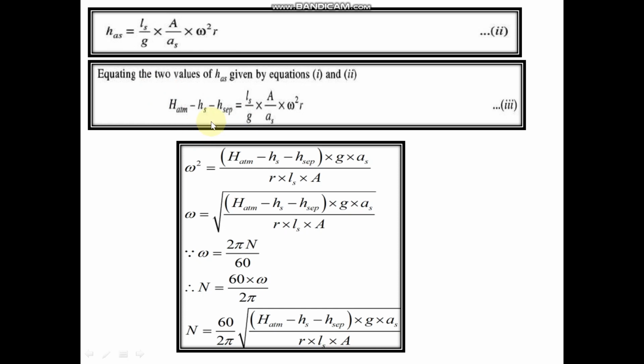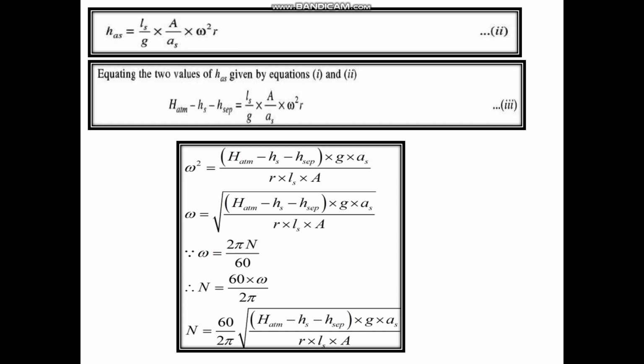So from equation 1 and 2, we can equate these equations. From this equation, we can find out the rotational speed of the pump, that is omega. So omega is equal to this value. From mathematical simplifications, we can get the rotational speed in radians per second. We know that omega is 2 pi N upon 60, where N is the rotational speed of the pump in revolutions per minute.